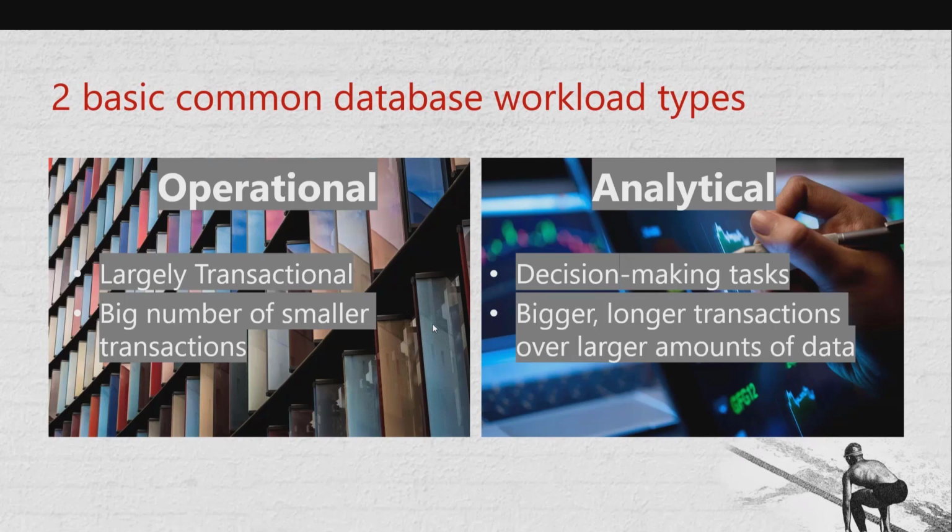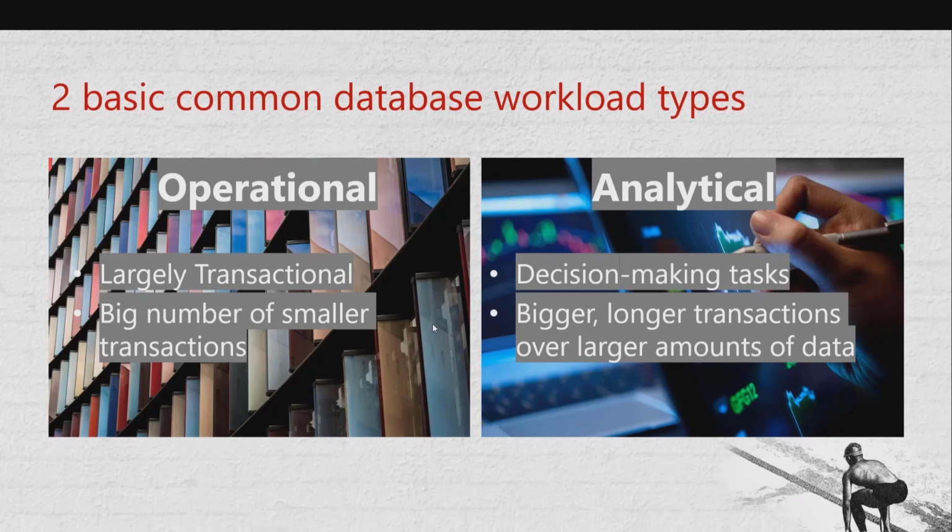There are also two basic common database workload types, and I say basic because there are many more. There are even hybrid ones. We have the operational, which is largely transactional, meaning that we have a big number of smaller transactions, such as a website.